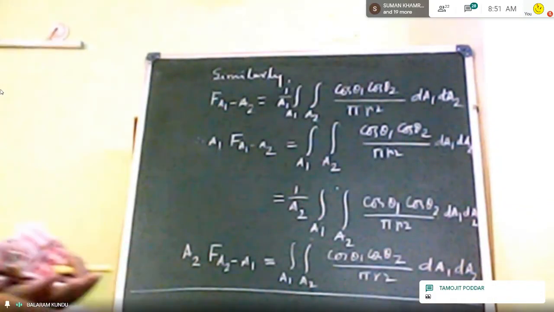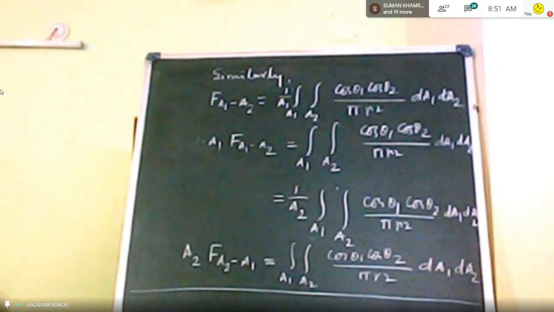So from the mathematical expression of shape factor between two finite surfaces, we can get one reciprocity relationship.